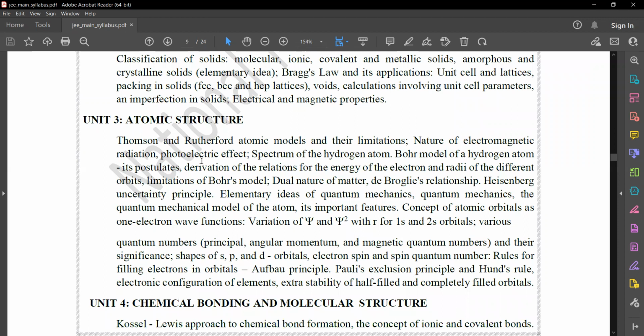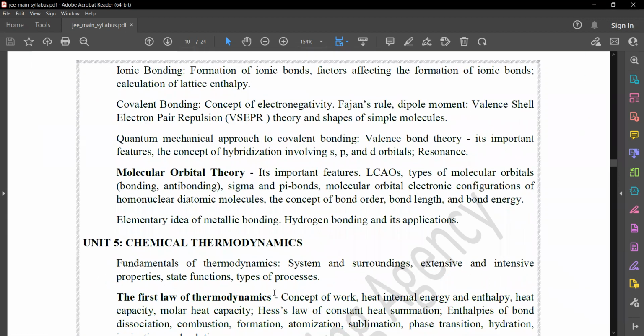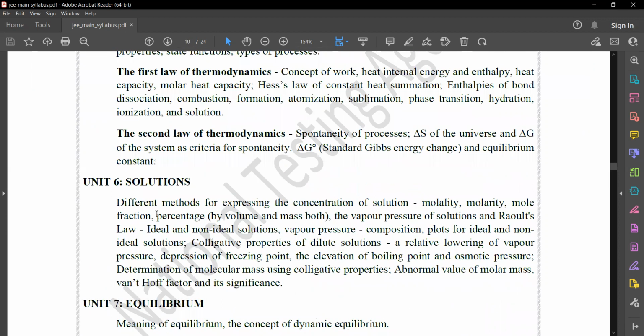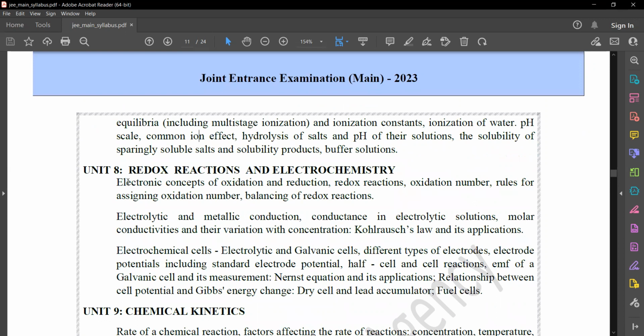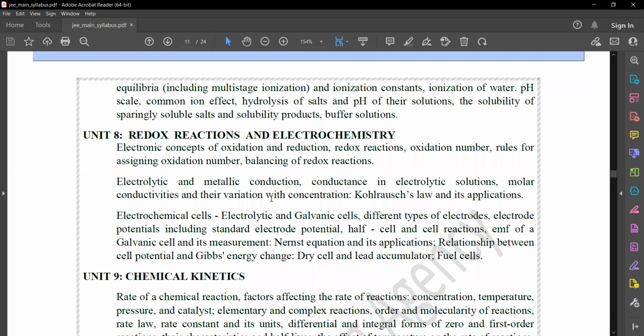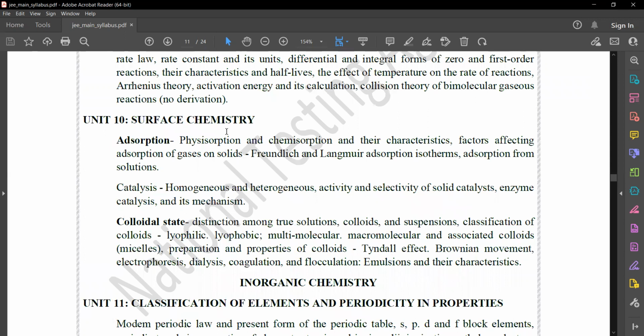Chemical bonding and molecular structure, chemical thermodynamics, solutions, equilibrium. So these chapters will come from chemistry: redox reaction and electrochemistry, chemical kinetics, surface chemistry.